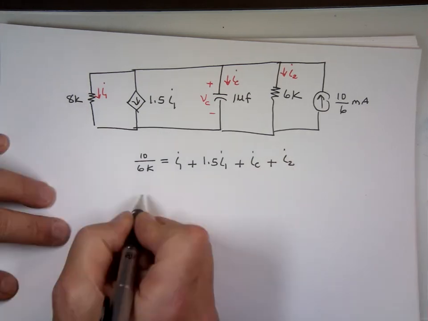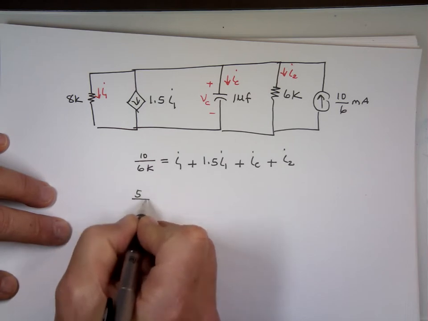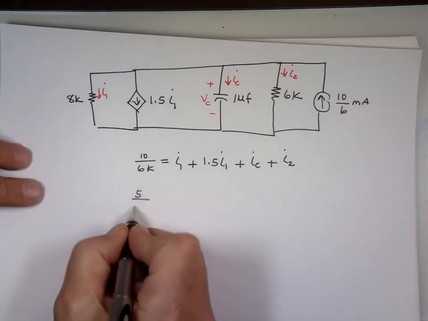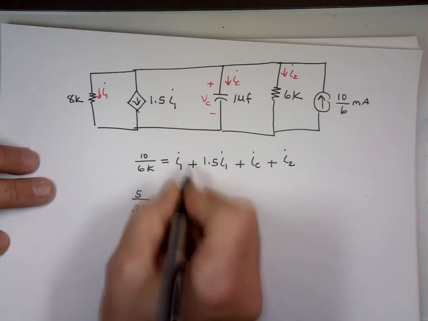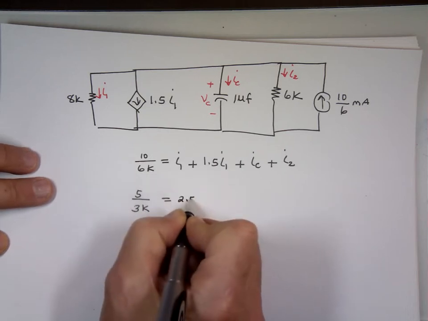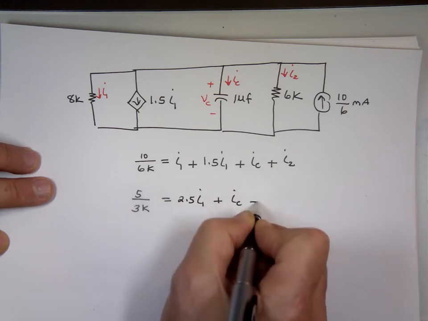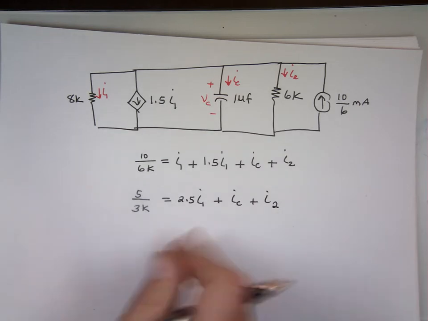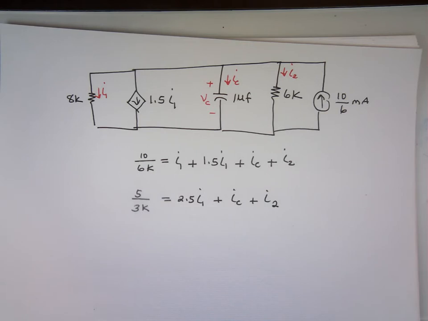Clean the math. 5 over, well, I can leave it 10/6K, but it doesn't matter. 5/3K equals 2.5 I sub 1 plus I sub C plus I sub 2. And maybe I can write I sub 1, I sub C, and I sub 2 in terms of the voltage.